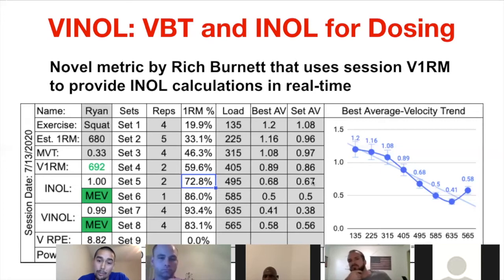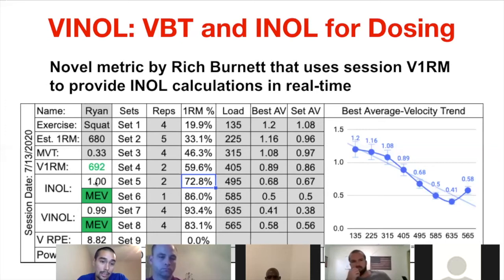So the way we're doing that is assuming that if he's moving at a 0.67, he can move this much weight at a 0.67. We're going to figure out the relative intensity of that 0.67, and then base an INOL score off of that relative intensity. And then over here on the left, we're going to have both the INOL and the VINOL.